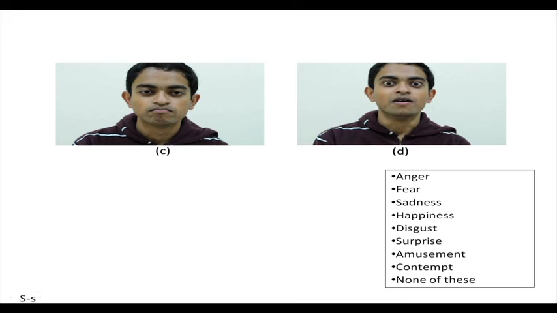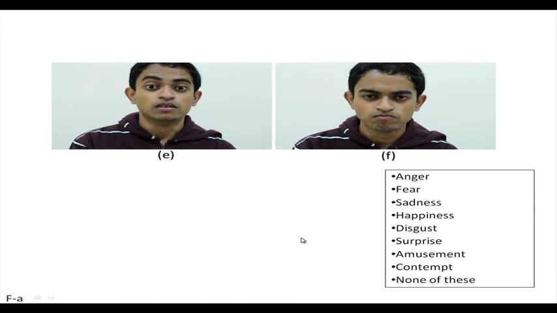Again, sadness, other than the asymmetry, does not get reflected in the upper part of the face, in the eyebrows, whereas surprise is something which is easy to emulate, but as I told you, the timing has to be kept in mind.